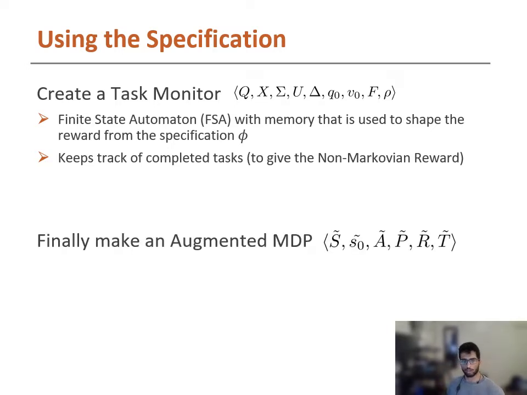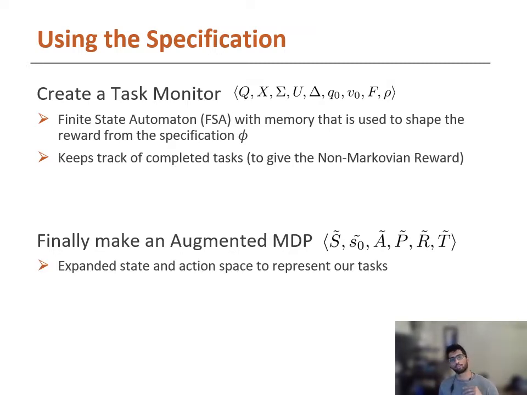Now, using this automaton, you can create an augmented Markov decision process, which gives additional information about the task and the specification. Here they expand the state space to include the monitor state of the automaton, which state it is in, as well as the action space, because we have choices between different tasks and we need to choose which task we're going to next.